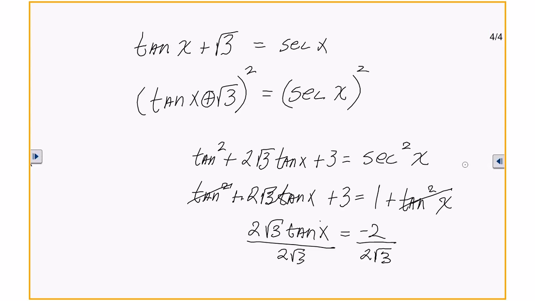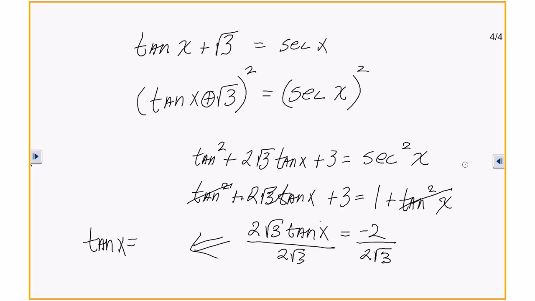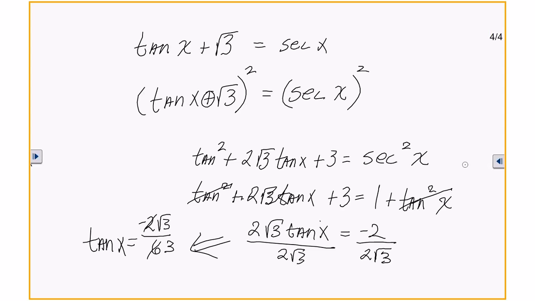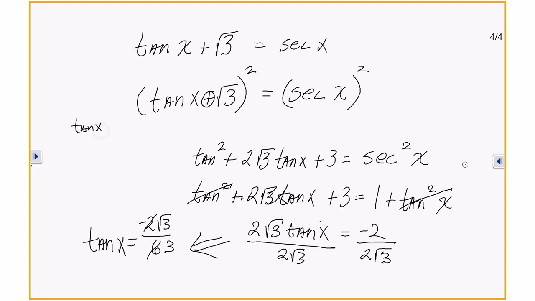So the tan of x is equal to negative 2 square root of 3 over 2 times 3, which is 6. So that's going to be square root of 3 over 3. We'll write tangent of x is equal to negative square root of 3 over 3.